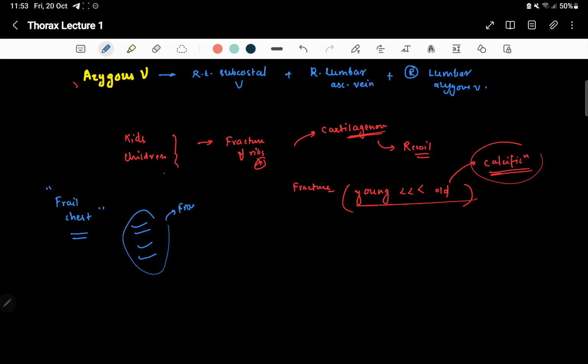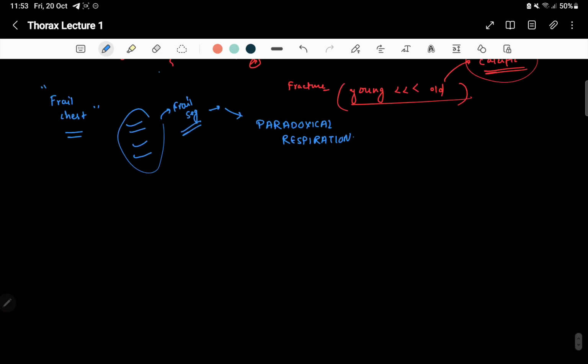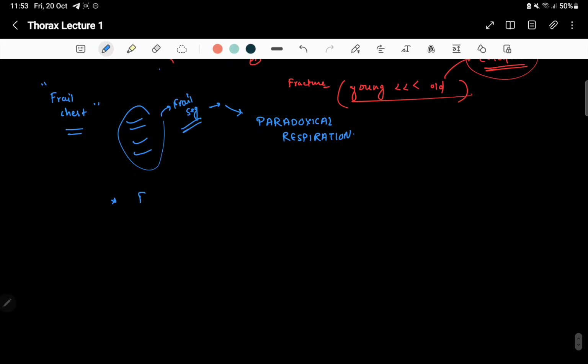This is sucked in and out during respiration, which produces a special type of respiration called paradoxical respiration.